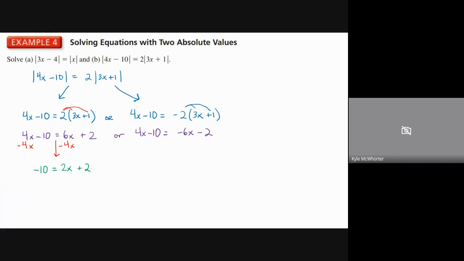I'll just finish solving this one. I'm going to subtract 2 from both sides because I'm trying to get my x by itself, so I need to get rid of the plus 2 and the times 2. So then I get negative 12 equals 2x. Divide both sides by 2. And I'm going to get x equals negative 6.